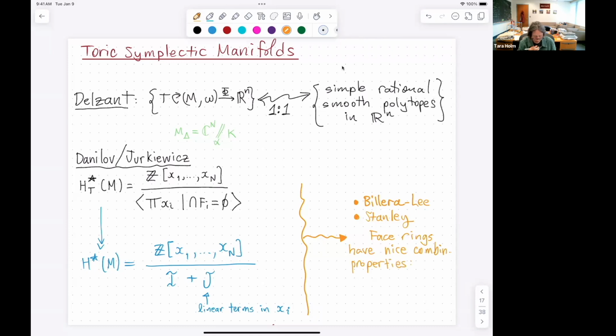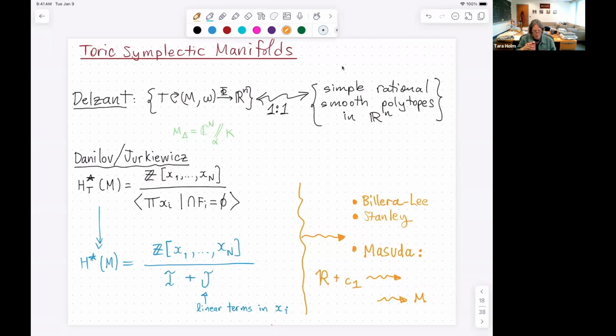Those come from Poincaré duality in a cohomology ring, so Betti numbers being symmetric, and also the growth rate of the degree k pieces is somewhat controlled, which is a consequence, in this context, of the Hard Lefschetz theorem. So things that we take for granted as topologists give nice properties for the combinatorics of face rings.